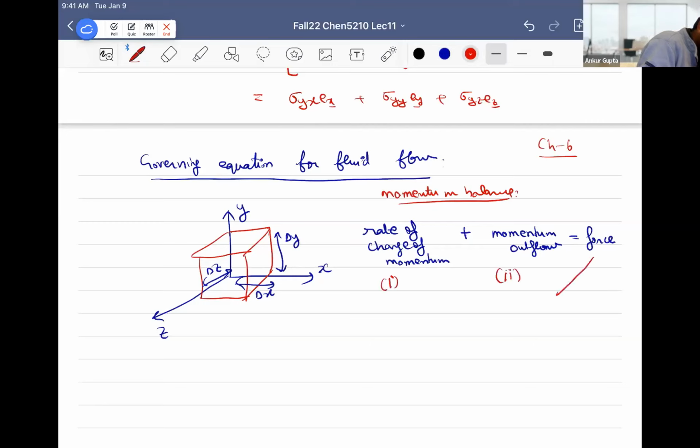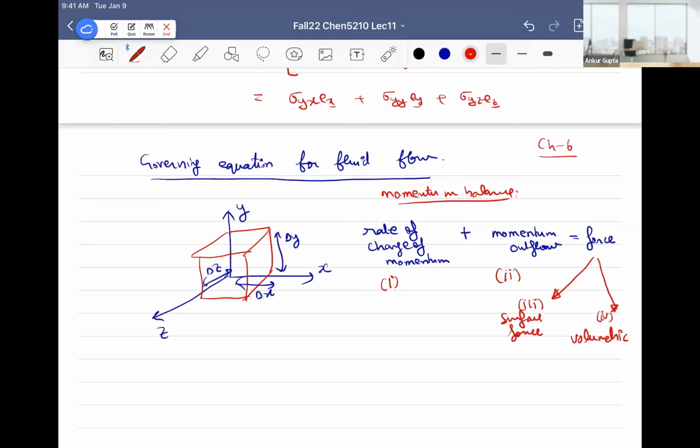I don't want to write the terms all on one side. So I'll say there are 4 terms that we focus on: 1, 2, and force has 2 parts. And what are the 2 parts? The force on something like a control volume can be volumetric. It can act inside, on the entire volume. That is, let's say, a volumetric force, or it can be a surface force.